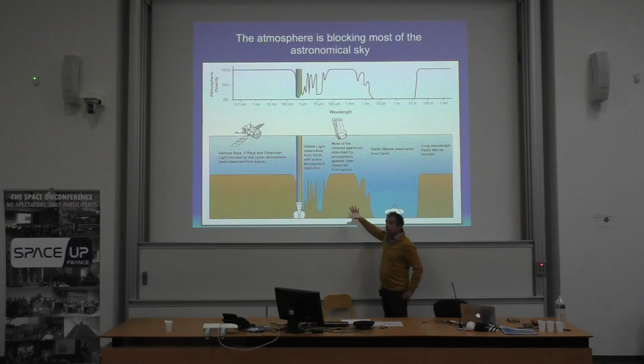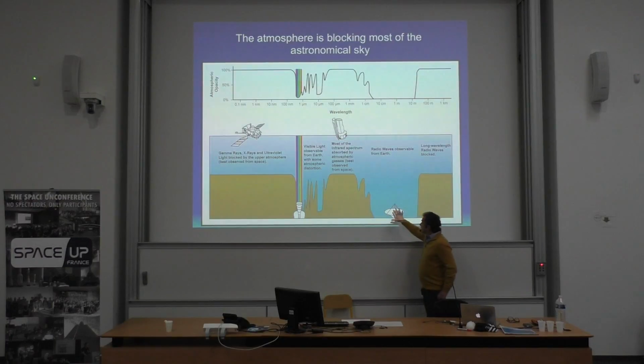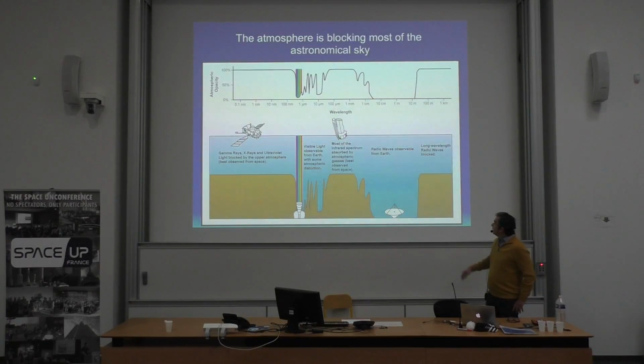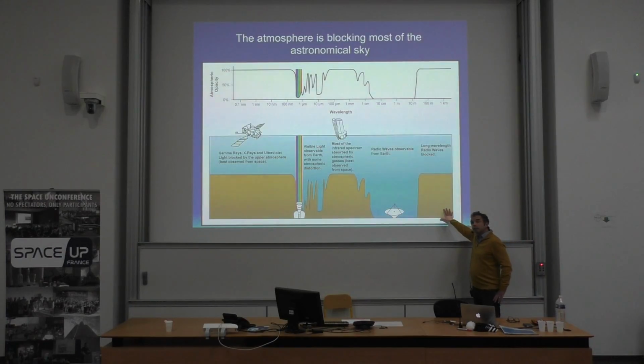It's right in the middle here. The sky is transparent again to the radio wavelengths, so that's why we have large radio arrays on the ground. And light is blocked again in the very long wavelength range because of the ionosphere. Maybe you know this physical mechanism.